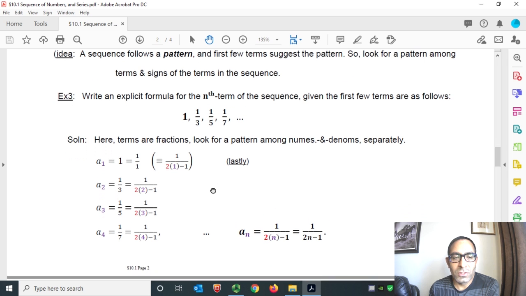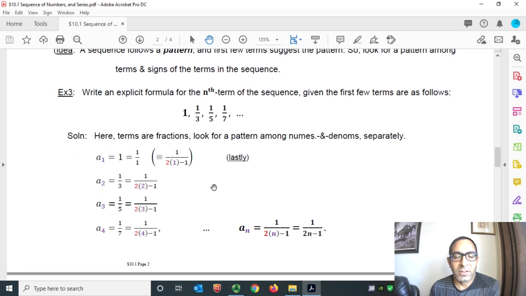Let's begin the solution. Let's look for a pattern among the numerators and denominators separately. Here the first term is 1. We can write 1 equals 1/1, and we keep the numerator 1 as it is. For the denominator 1, rewrite 1 equals 2 times 1 minus 1.